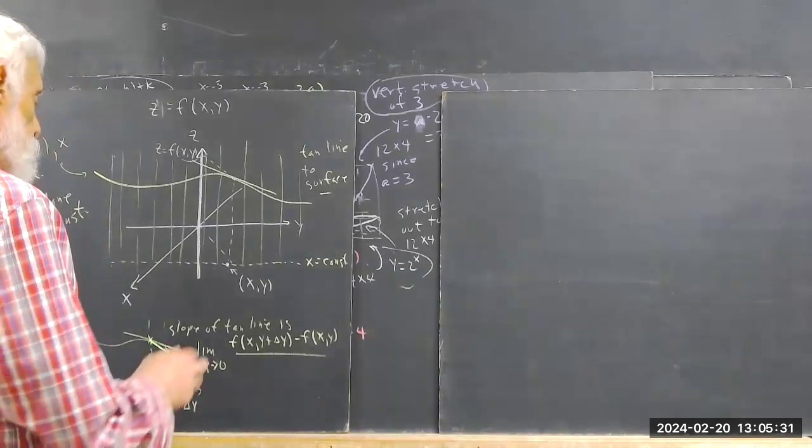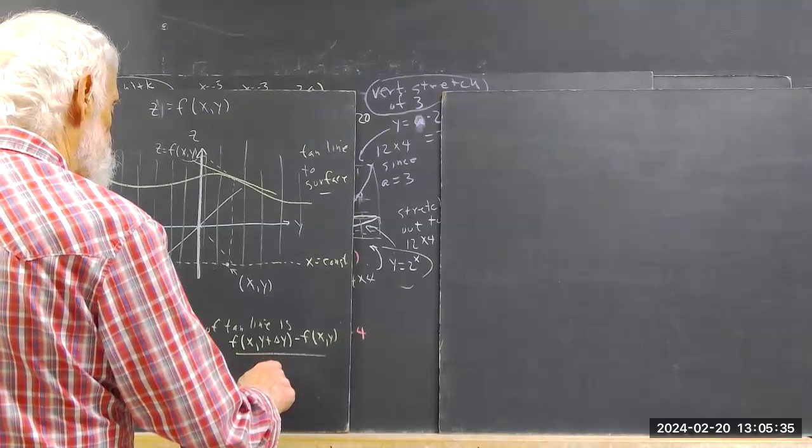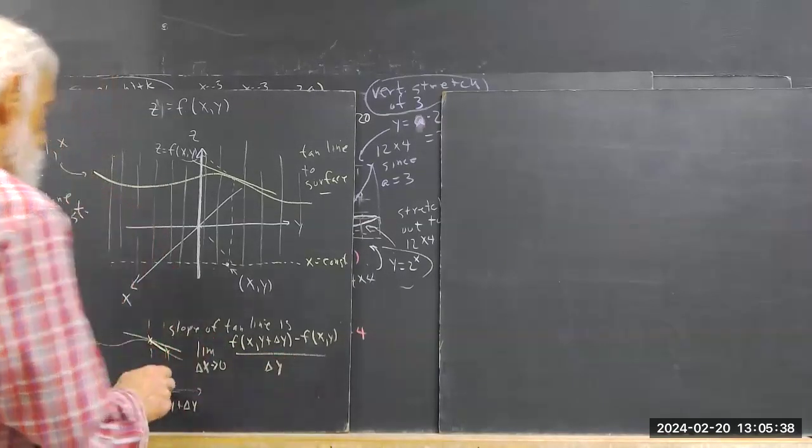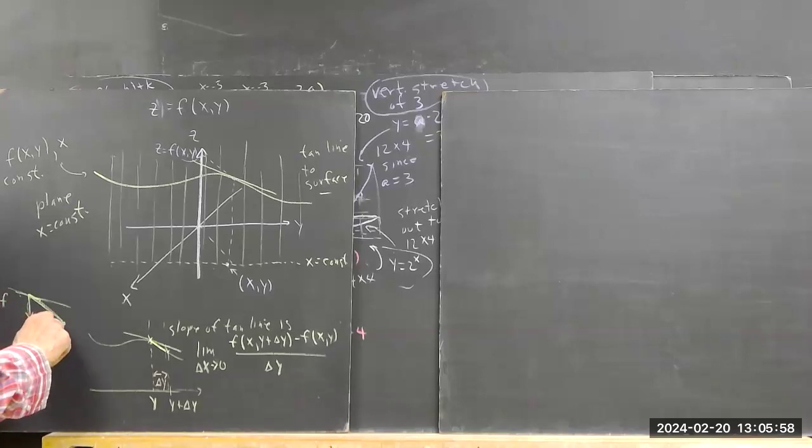Okay, now it's this, which is your change in F over the delta y. So it's like here, you have delta F here to here. And delta y here.